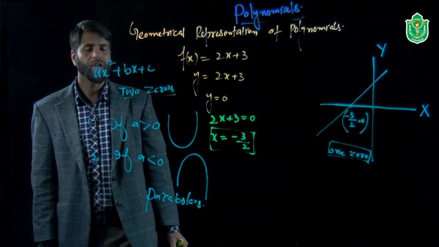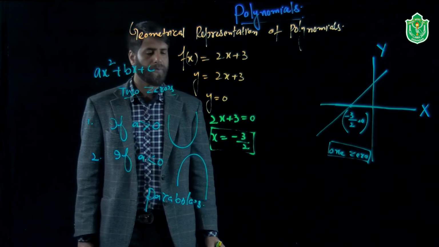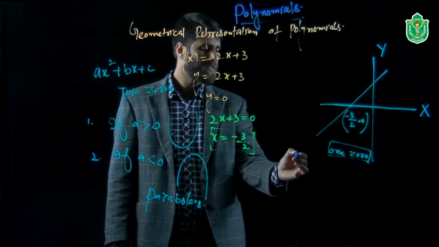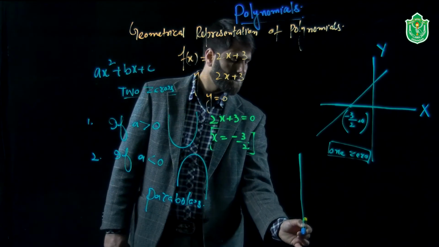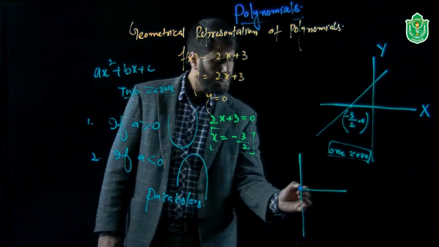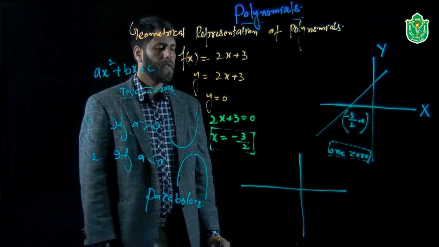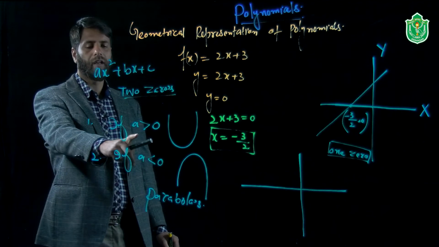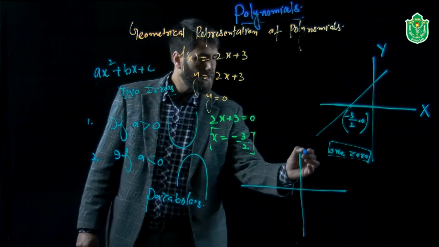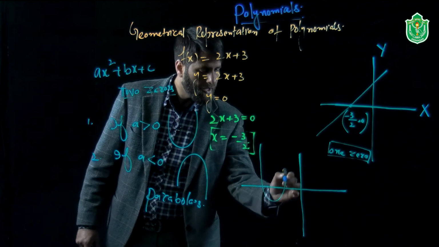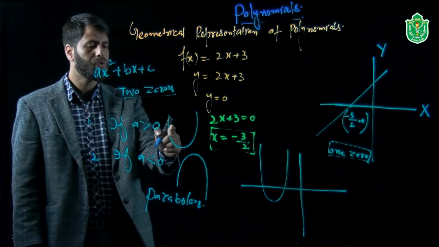So if we draw these parabolas on the graph, we will get like this. We take the first case. If a is greater than 0, this will be an upward parabola, that is U-shaped.